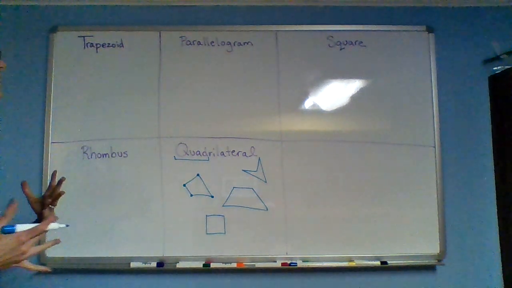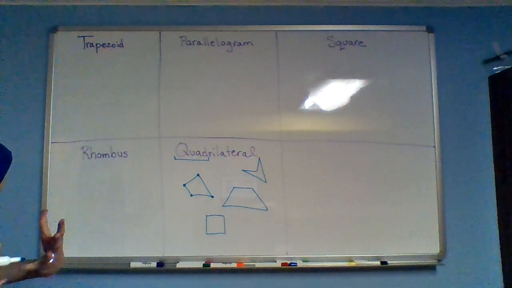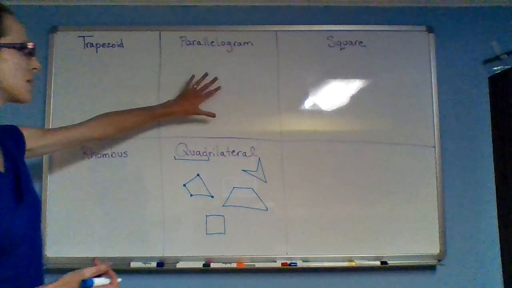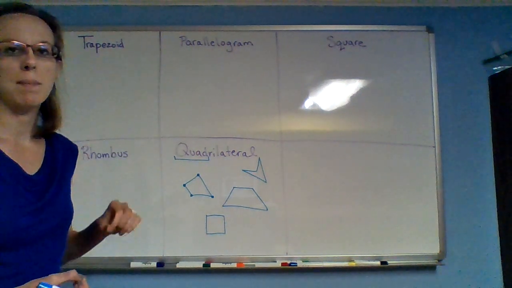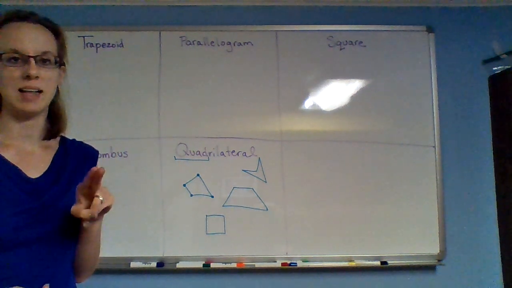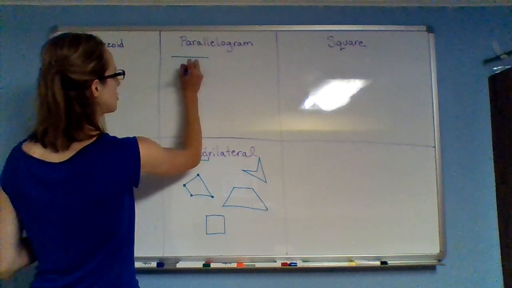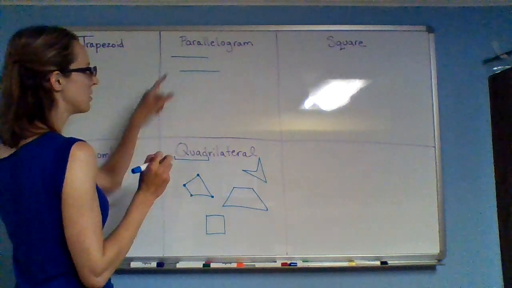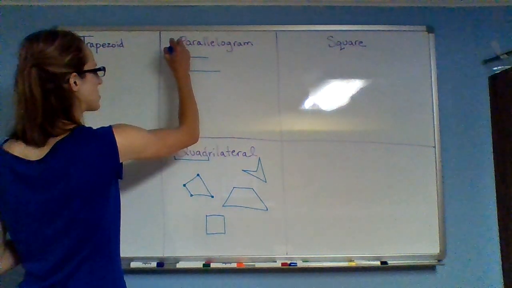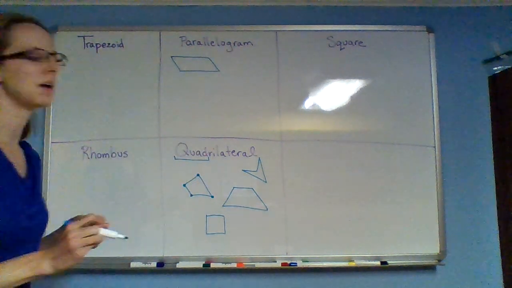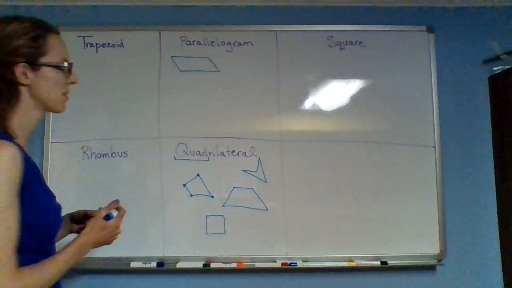If we want to get more specific about those things, we can do that by using some of these other names. So for example, a parallelogram has to have two sets of parallel sides. So I can draw two lines that are parallel, and they're the same length, so that when I make my other two lines parallel, it makes a parallelogram.